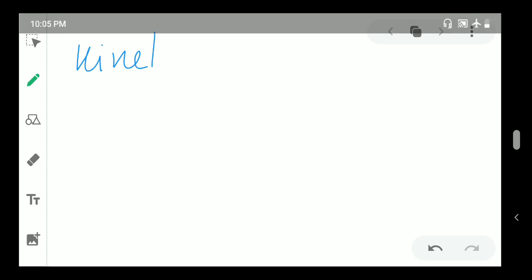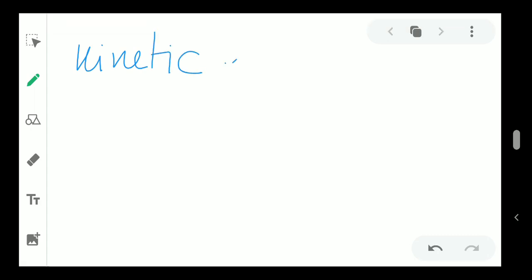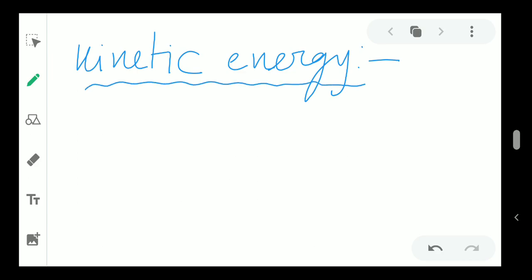Today we will talk about kinetic energy. Kinetic energy is the energy that is associated with the motion of that object. So it happens when there is motion in the object.